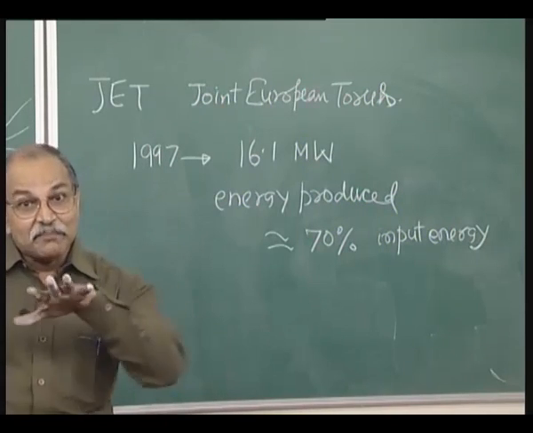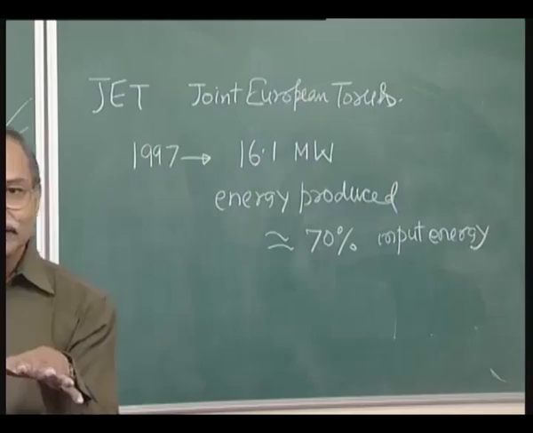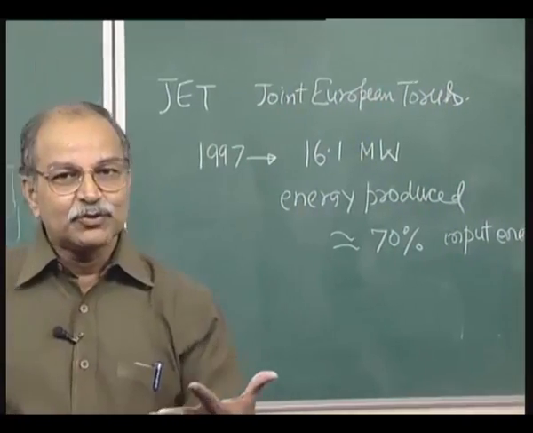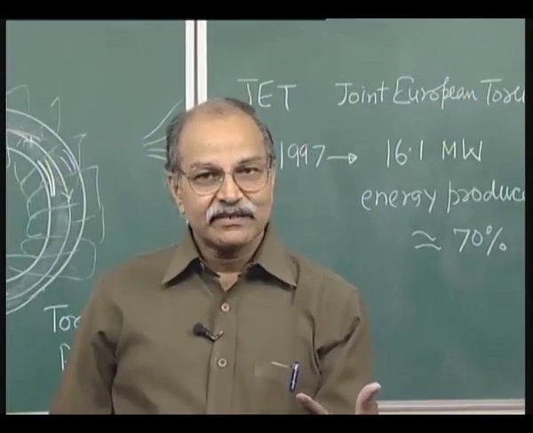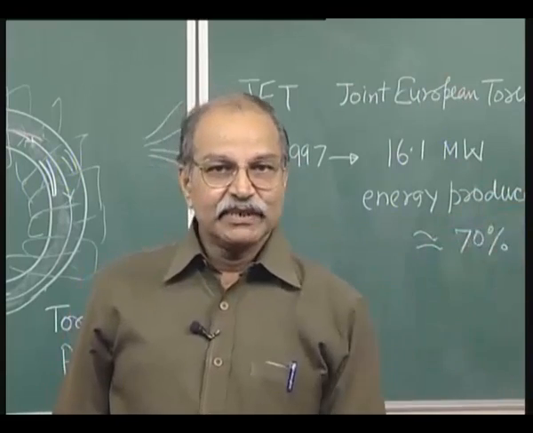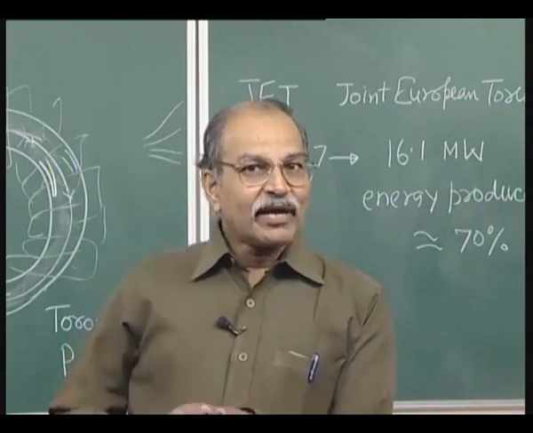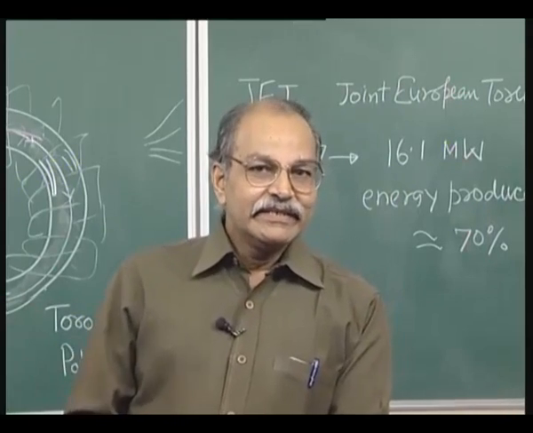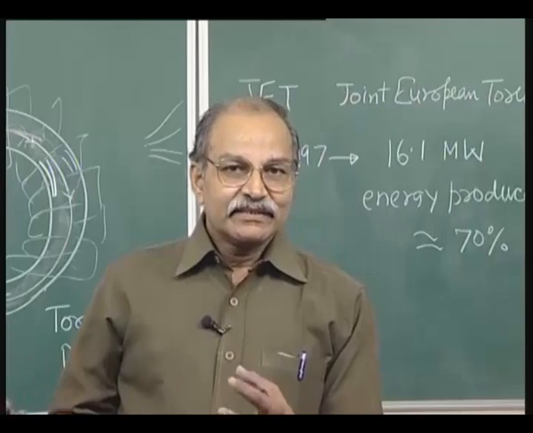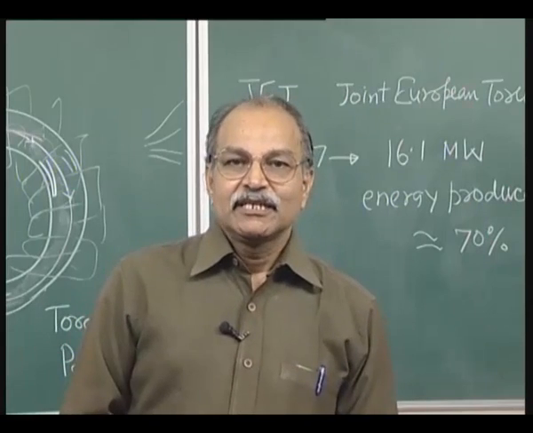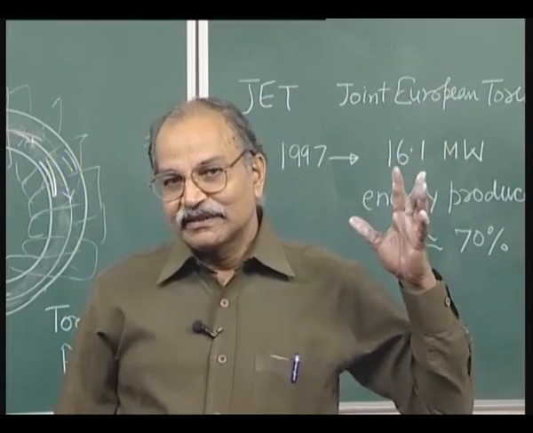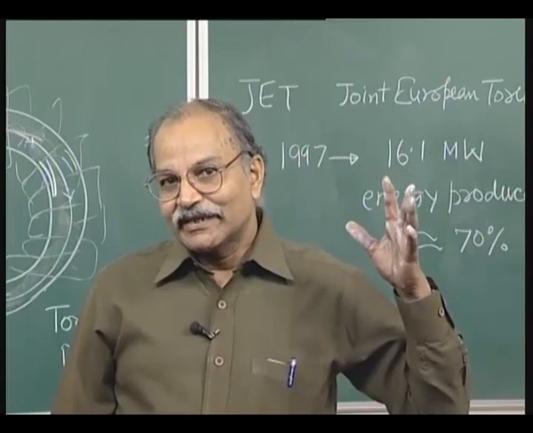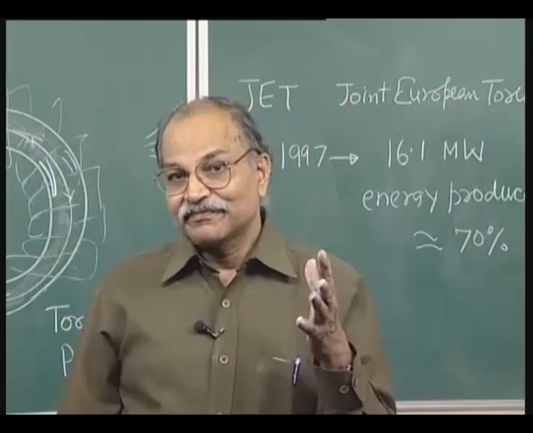So, that is the best. Still, the energy being produced by these fusion reactors, the most advanced types after 60 years of experience, is not matching the energy that is needed to heat up the plasma, the energy being input to the machine, and this 65-70% is taken as a big achievement.